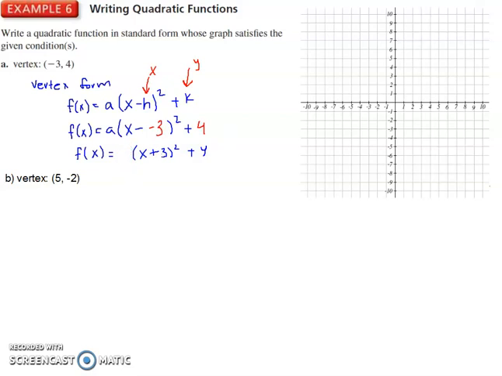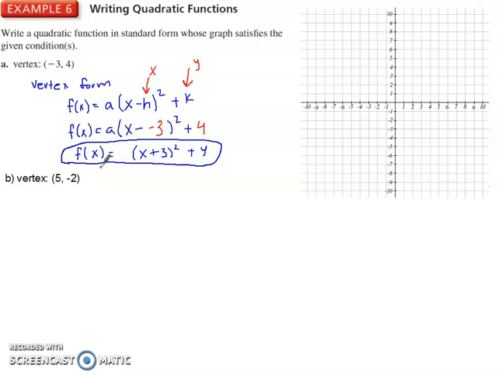So I can make that value of a whatever I want. As long as my vertex is at -3, 4, my a could be 1, it could be -7, it could be 5. It doesn't matter what the value of a is because we have satisfied the only condition we are asked to have. I'm going to go ahead and make a 1, so that I don't have any other values that make this equation more complicated than it needs to be.